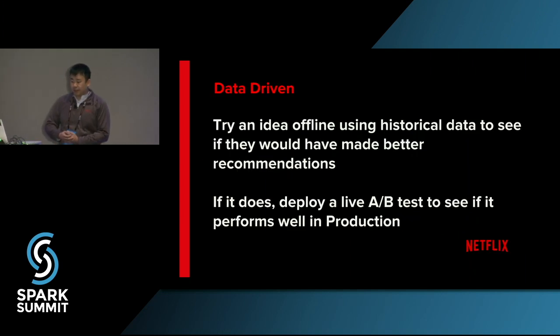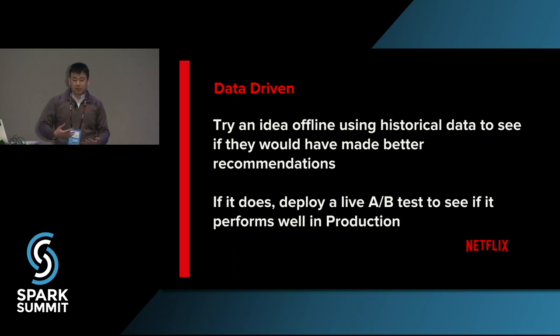So how do we make our algorithm better to realize our vision? We follow a two-step approach. First of all, we try an idea using historical data. We have lots of historical data. We try an idea, build models, and then look at offline metrics.